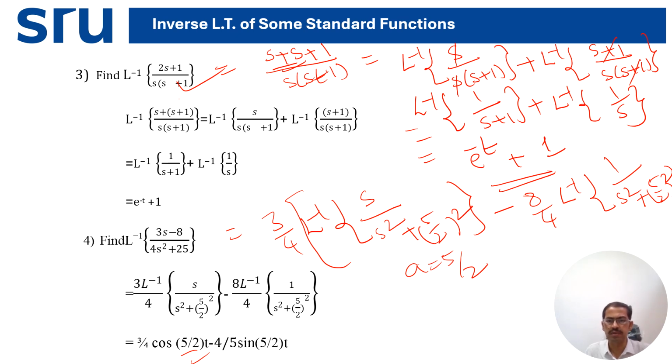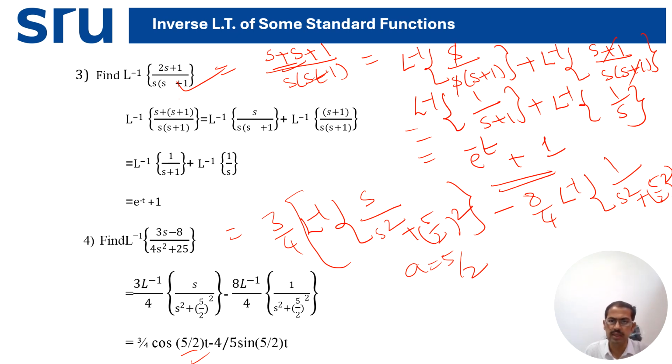This is in the form of 1 by s square plus a square, so you would get the sine function, sine 5 by 2 t, into 2 by 5, because 5 by 2 is taken out.